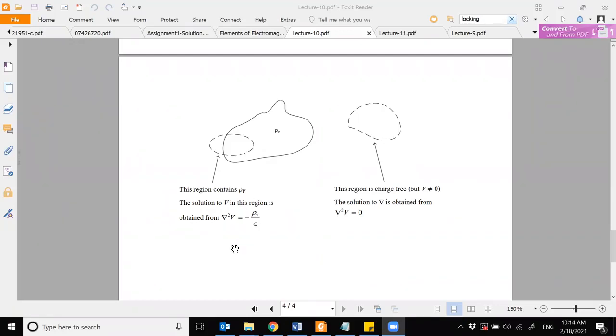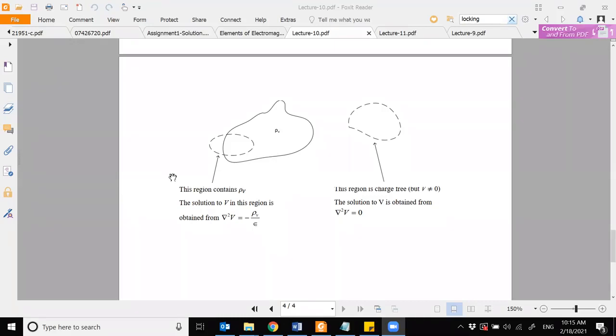Now, for this particular electromagnetic course, which is an undergraduate level course, we only learn how to apply the Laplace equation.